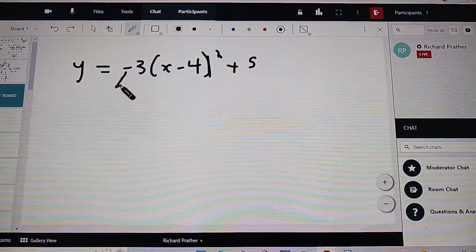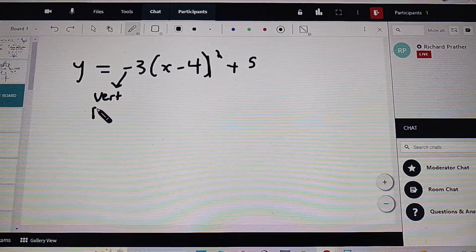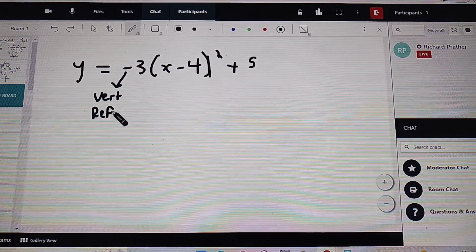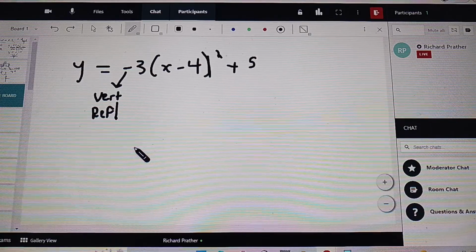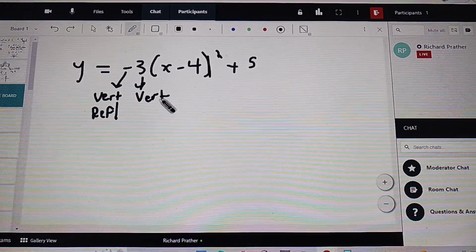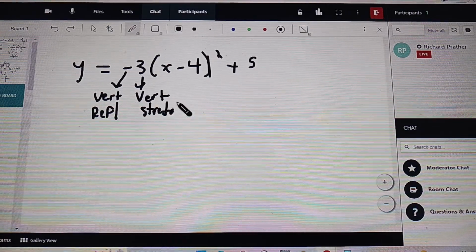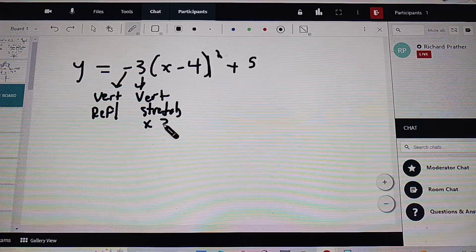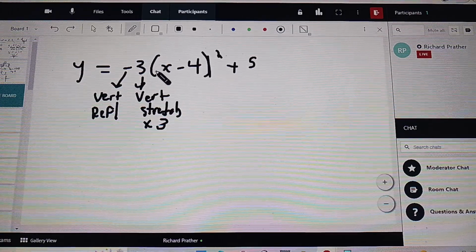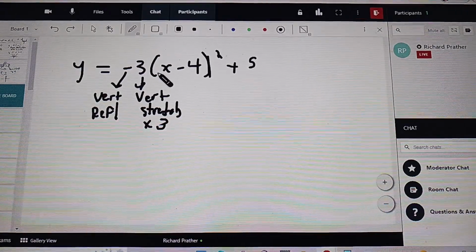So I would have a vertical reflection over the x-axis. There would be a vertical stretching times 3. All the y's would get multiplied by 3. If the times 3 was here, then it would be a horizontal shrinking divided by 3, because you would do the opposite of the way it looks.